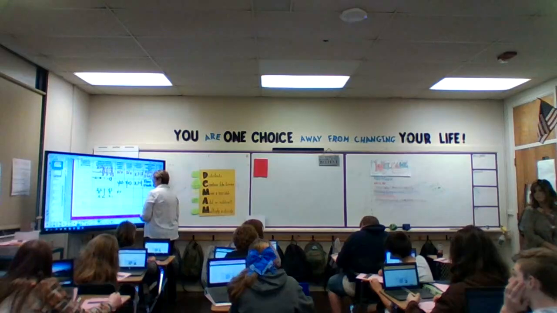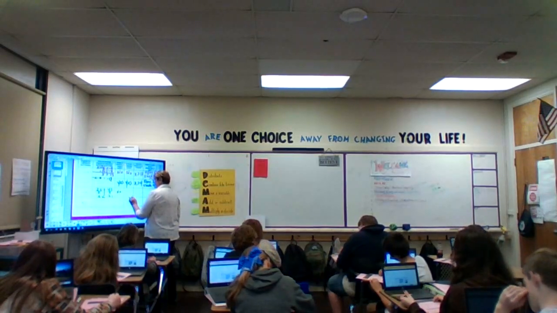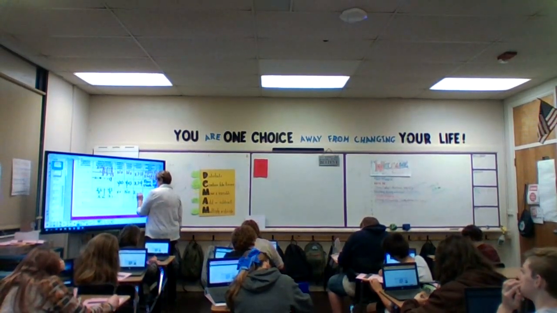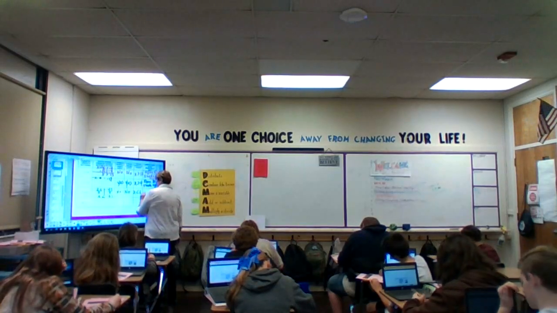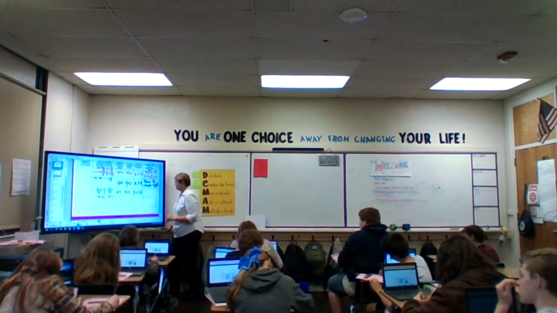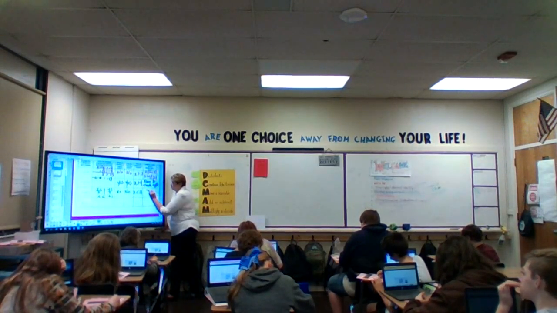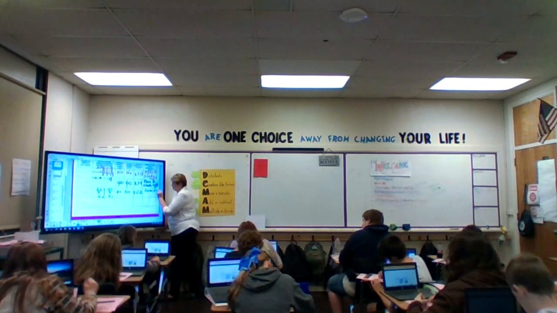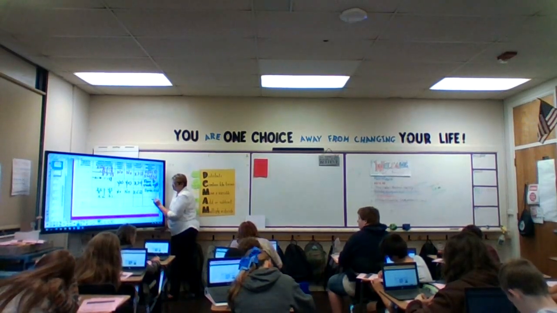No. Did I flip the inequality sign? No. It is x is less than 21. It is an open circle, and it is shaded left.